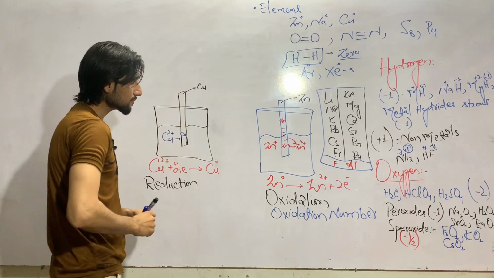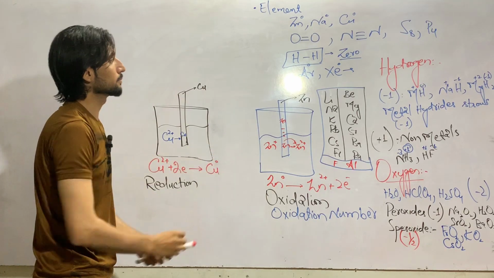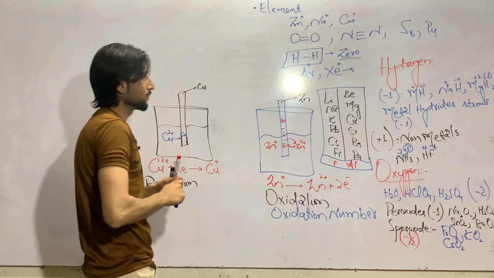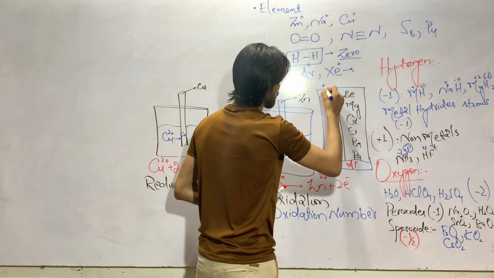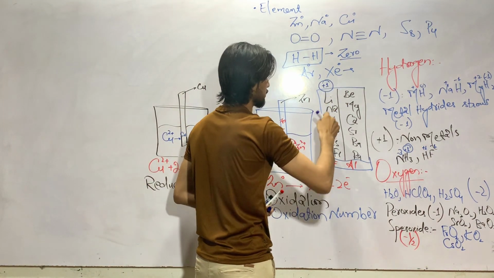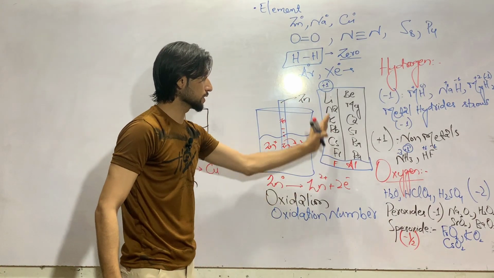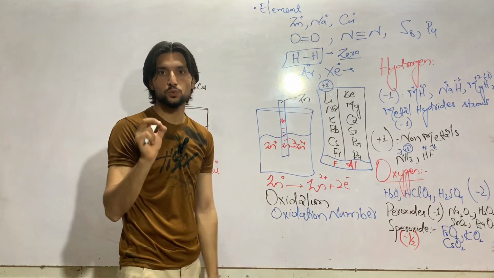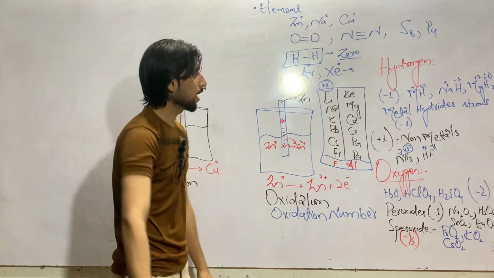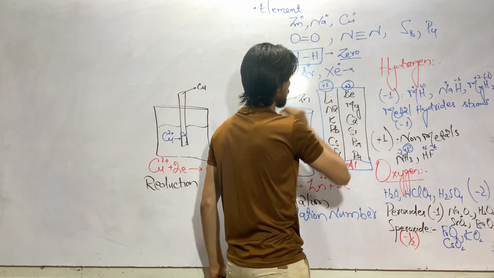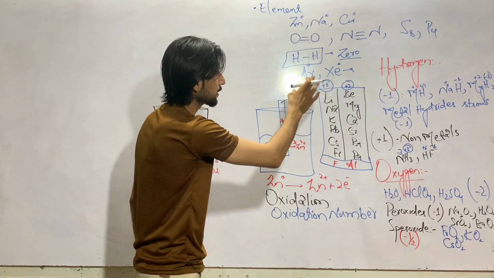So now tell me, what are their fixed oxidation states? This group will always show +1 oxidation state. You will find them in all their compounds. Okay, this group will always show +2 oxidation state, in all their compounds.